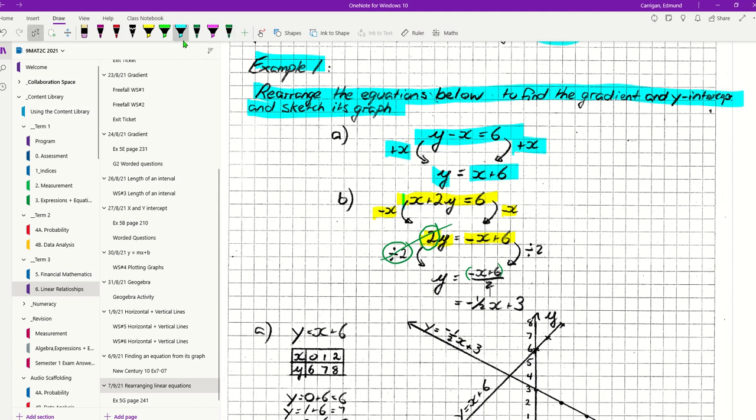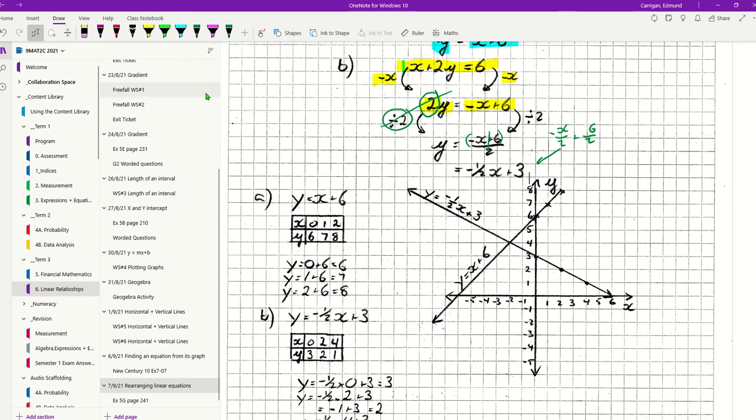Then as a second step we'll break that fraction in half. It's equal to minus x on 2 plus 6 on 2, which is minus half x plus 3. So that gives us our two equations. y equals minus half x plus 3.